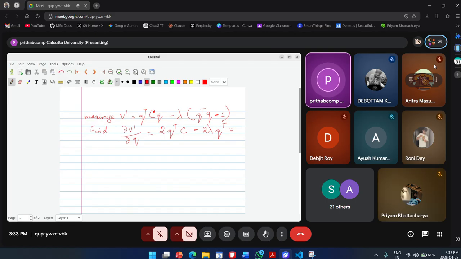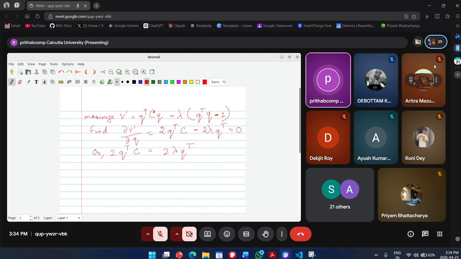Now we have to equate it to 0 in order to get the Q. So what we get is 2 Q transpose C equal to 2 lambda Q transpose. The 2 you can just eliminate.